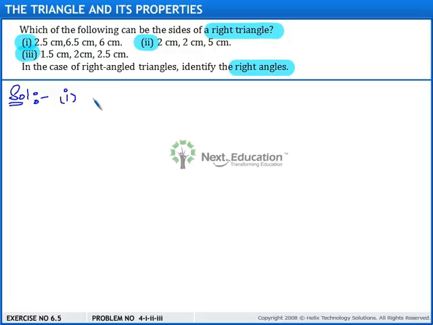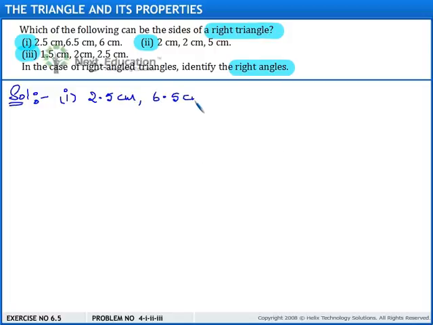In this, we are given 2.5 centimeters, 6.5 centimeters and 6 centimeters.